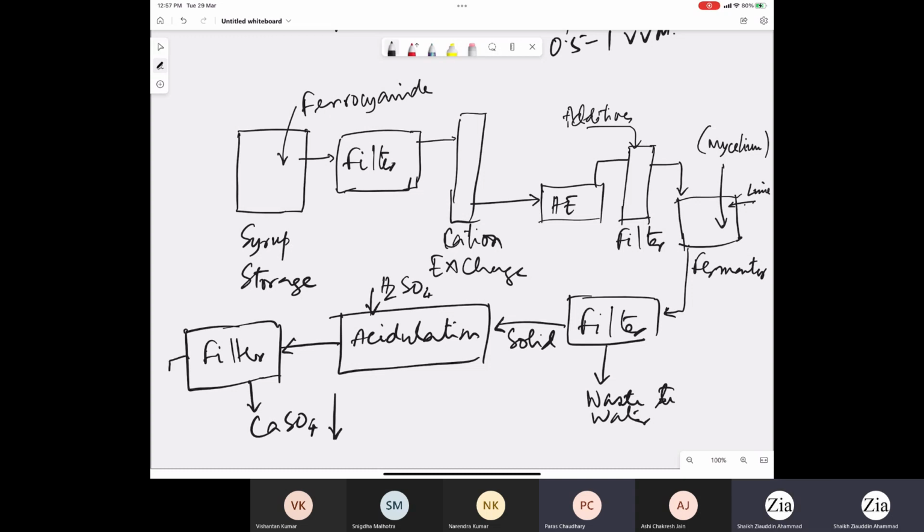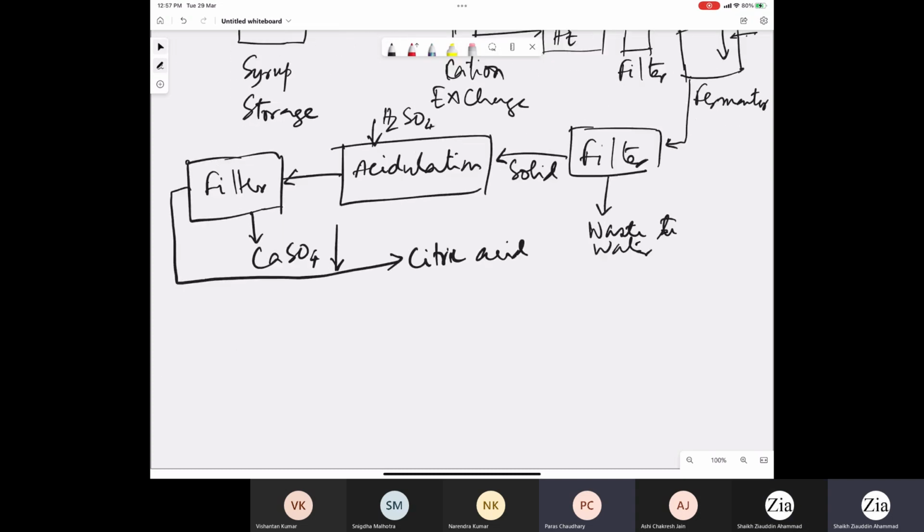and the liquid is actually your citric acid, which will go to an adsorption unit, where you have activated carbon particles.